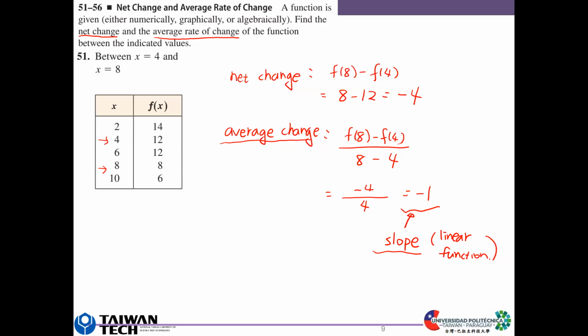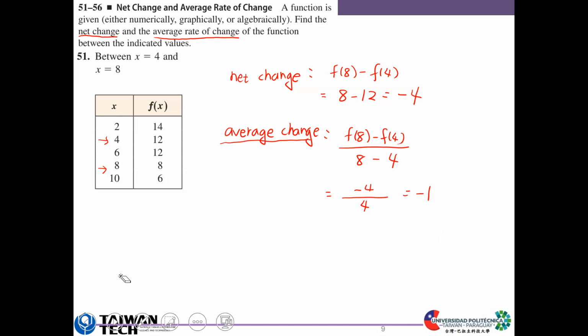But by looking at the values of this table, this is not a linear function here, so I better not mention it. Okay, so this is the average change between 8 and 4.